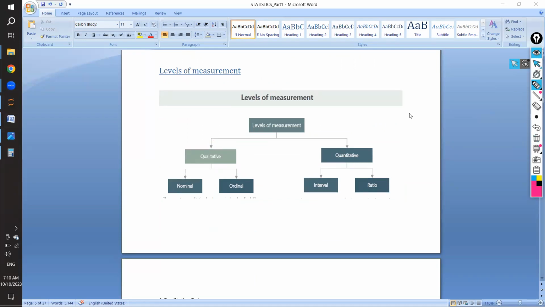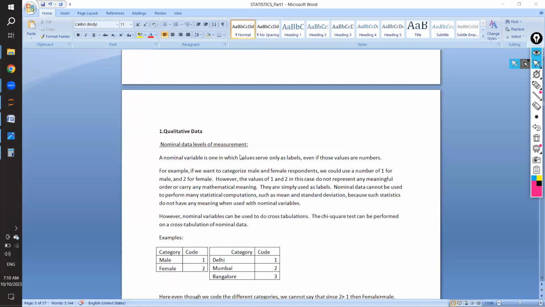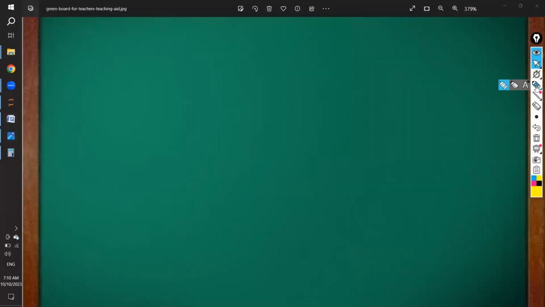Okay, so first thing is nominal. A nominal is one in which the values serve only as labels, even if those are numbers. Okay, we'll just give you an idea and we'll come back. So coming to nominal, you need to represent the given column with some numbers.